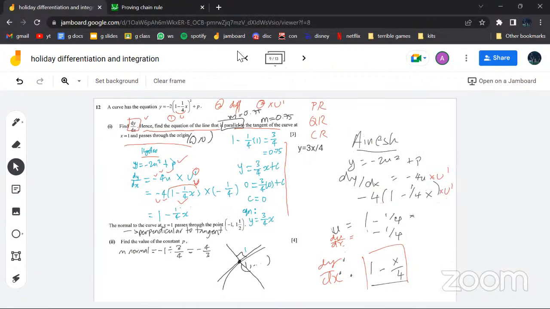Find the equation of the line that is parallel to the tangent. You have to imagine a tangent to the curve, a glancing line, at x equals 1. And then the second part of the question is the normal to the curve.